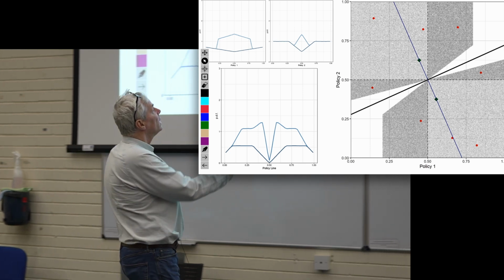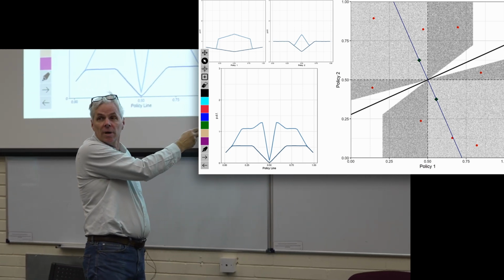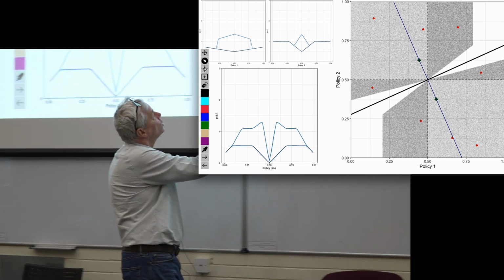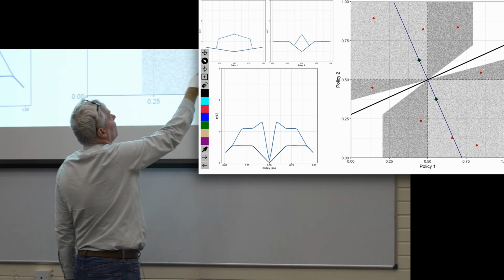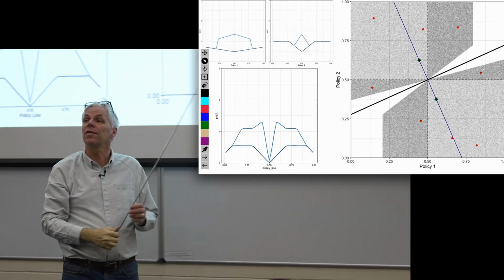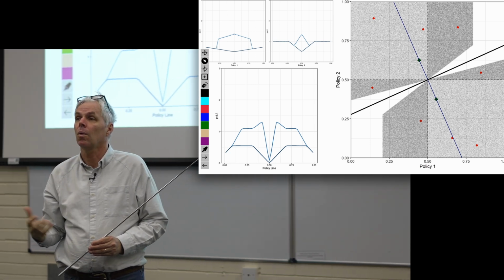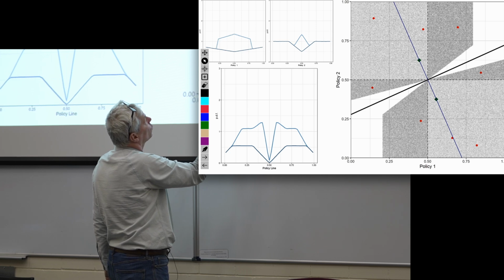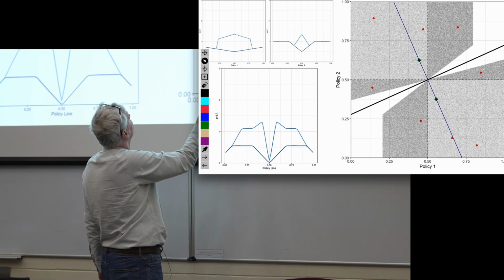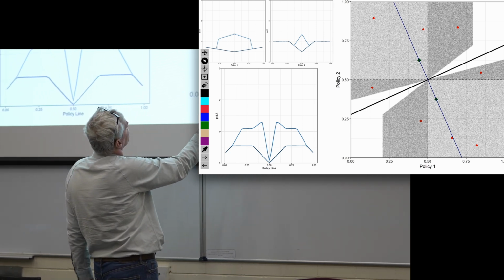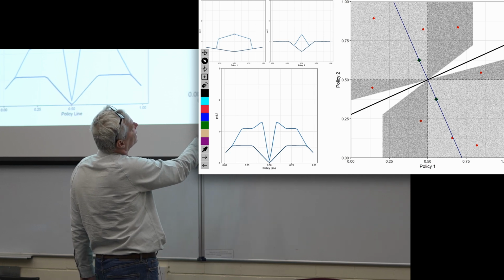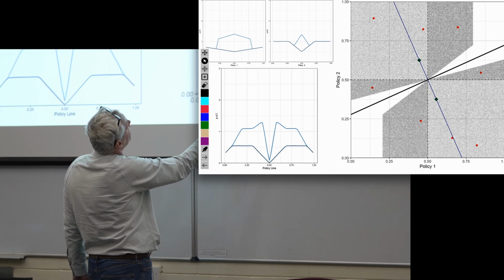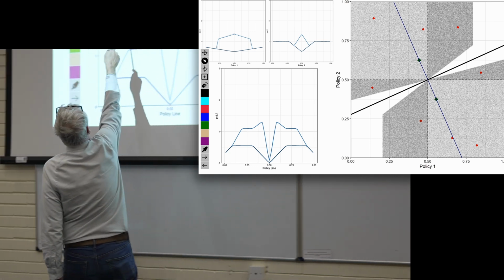So what has happened? Let's look at just the guys in the middle, the guys that were very close to the separating hyperplane, the guys that were very close to being indifferent. So what did they do? Well, a guy that was here has moved to the right, and a guy that is here has moved up. A guy that is here is someone who has cognitive dissonance in policy 1, and so he is moving to the right.